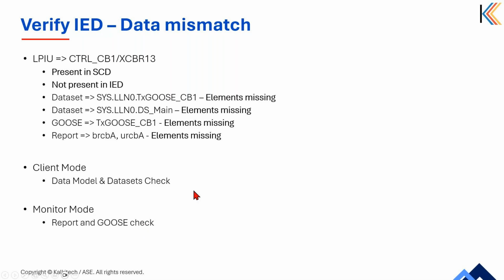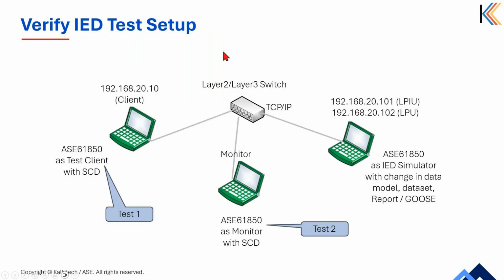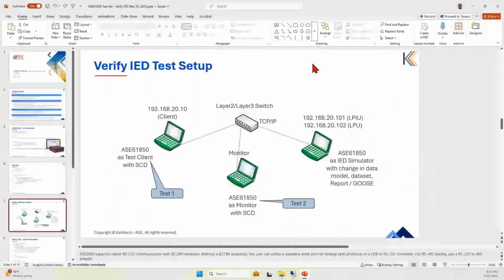Okay, so going back to our test setup, I'll be demonstrating this with a laptop. I don't have a real device with me, and hence I'll be simulating these two devices. LPU will have matching data model, and LPIU is the one without matching data model. So let me quickly set up the server.